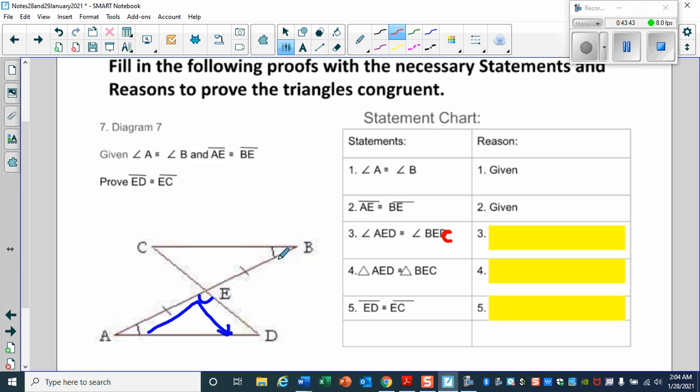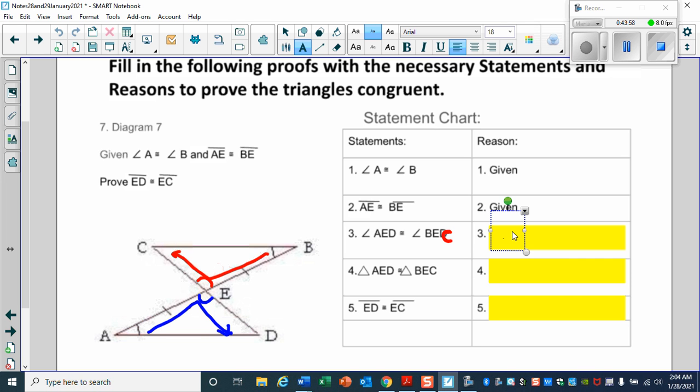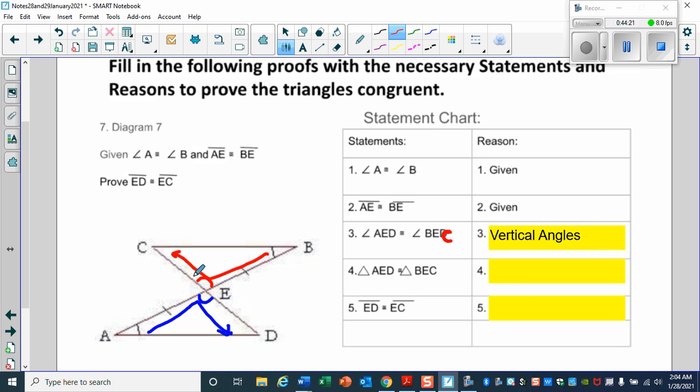So we go to this one. They're going to be congruent because of vertical angles. And once you have the vertical angles, then we see, oh, wait a minute, AED and BEC are congruent because they have what we call the angle side angle rule.